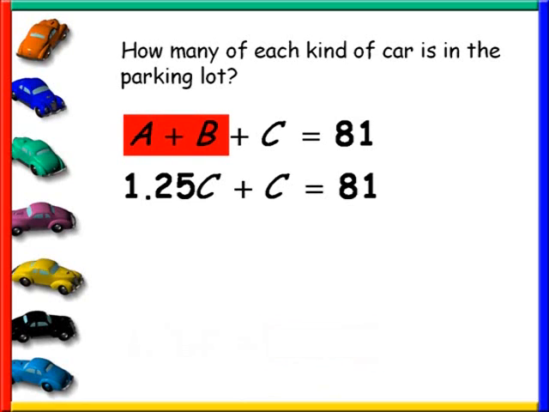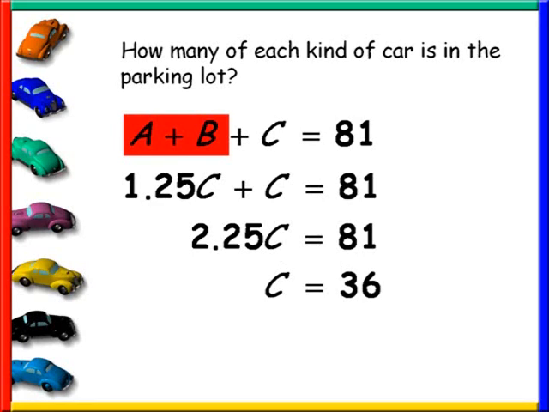Now we have an equation with only one unknown, which is simply solved. Adding the left-hand side, we have 2.25C equal 81. Dividing both sides by 2.25, 81 divided by 2.25 is equal to 36. So C is 36.